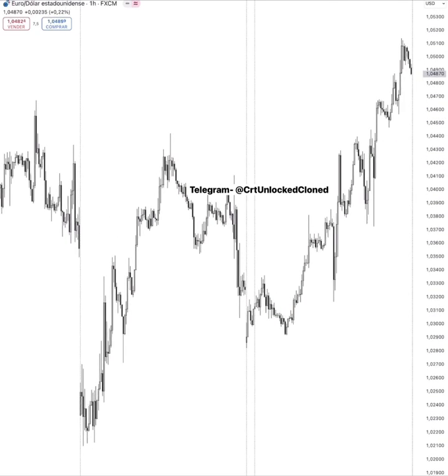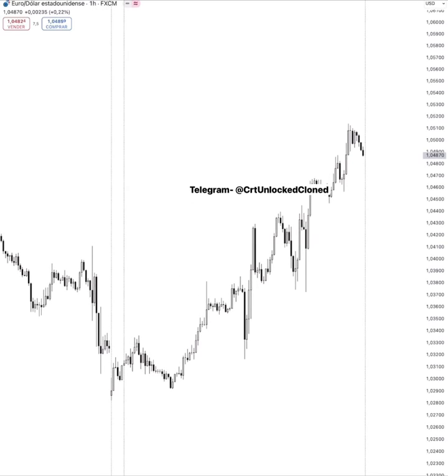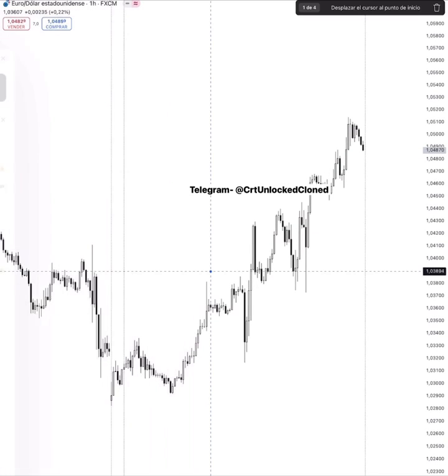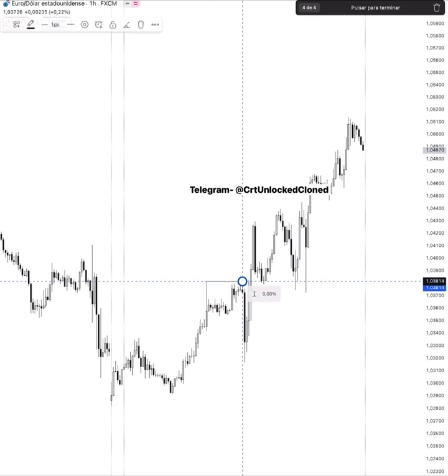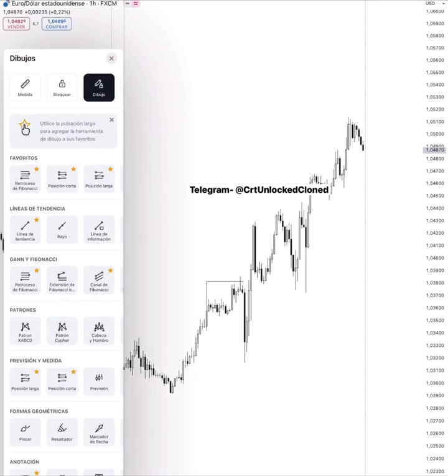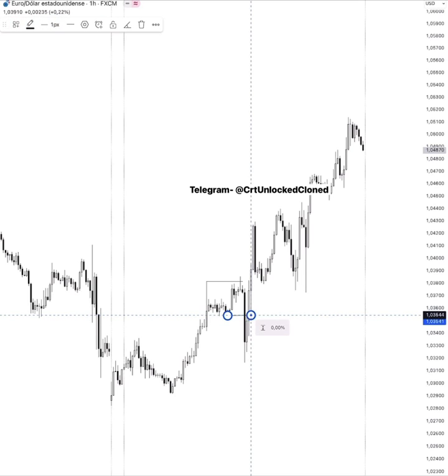So now, what we had here was a fake market structure shift. All right, so what happened here was a bearish market structure shift, quote unquote.